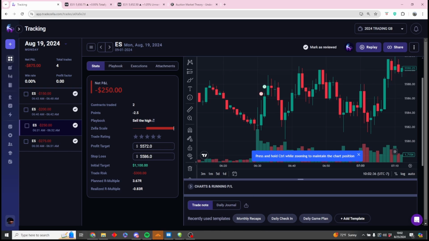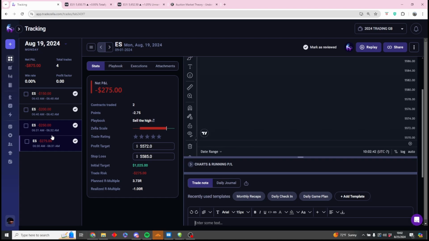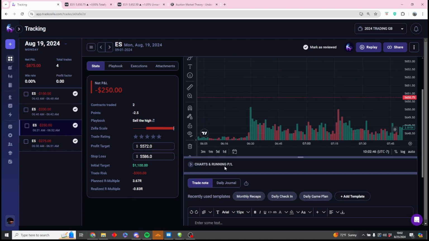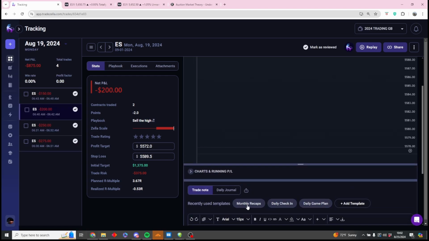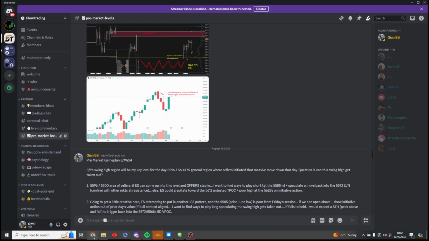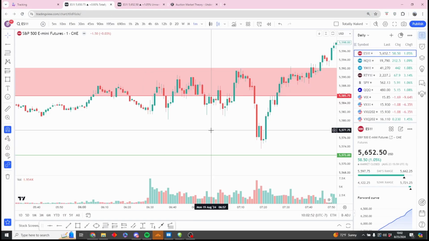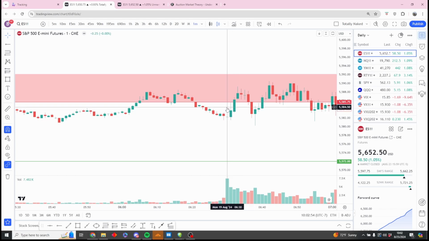At the end of the day, you have to put on risk when your plan is triggering, and I gladly took those quick stop outs for the day. After that, I was like, okay, I'm going to let the market develop here. So those are my first two trades.